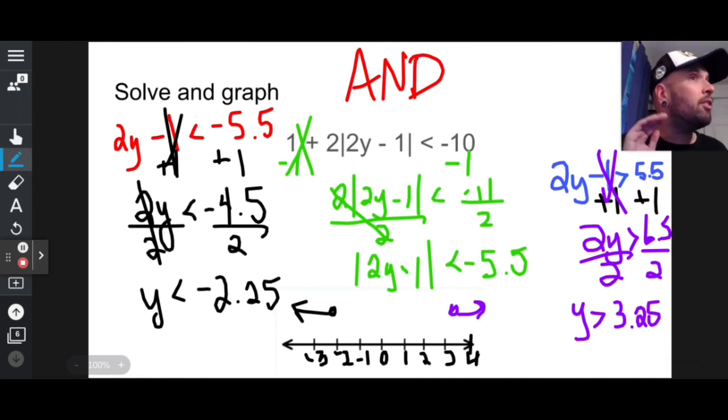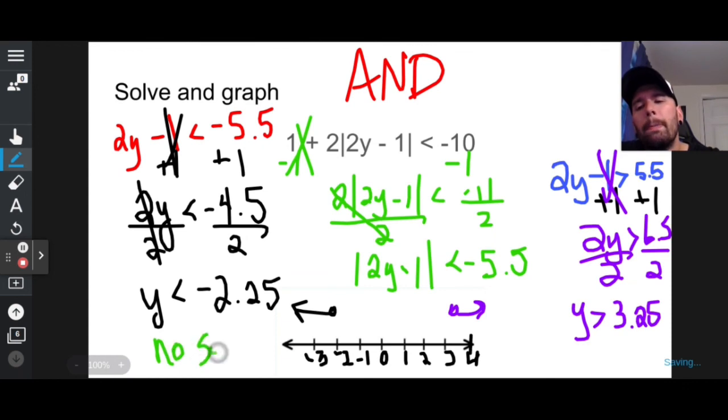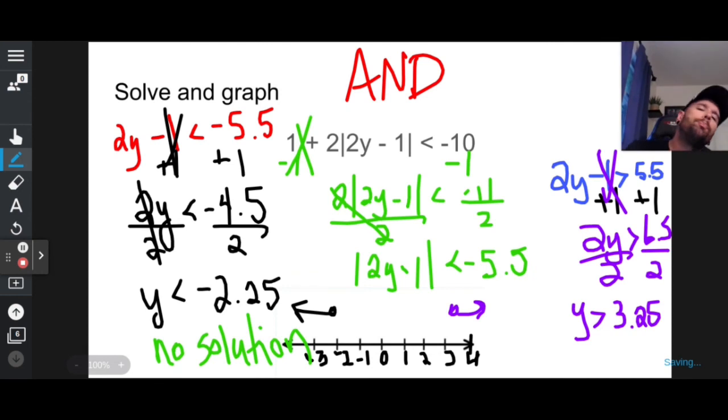Oh, what's that? They don't overlap? Oh, you know what that means. This is a no solution. Why? Because I ask you, the absolute value of what times 2 minus 1 is going to be smaller than negative 5.5?